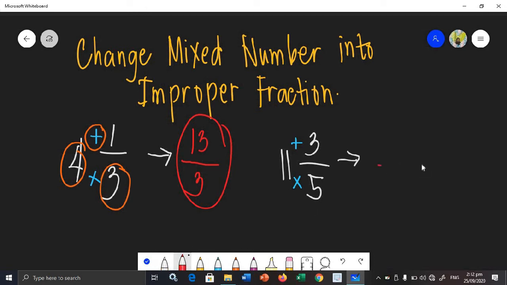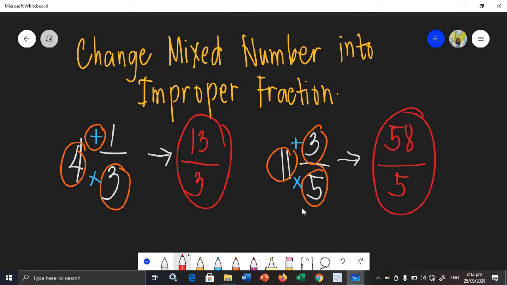So, i-over na natin siya agad sa 5. We will be computing for the numerator. So, 5 times 11, that is 55, plus 3, that is 58. Okay? So, yun na yung improper fraction na katumbas ng mixed number na yon.